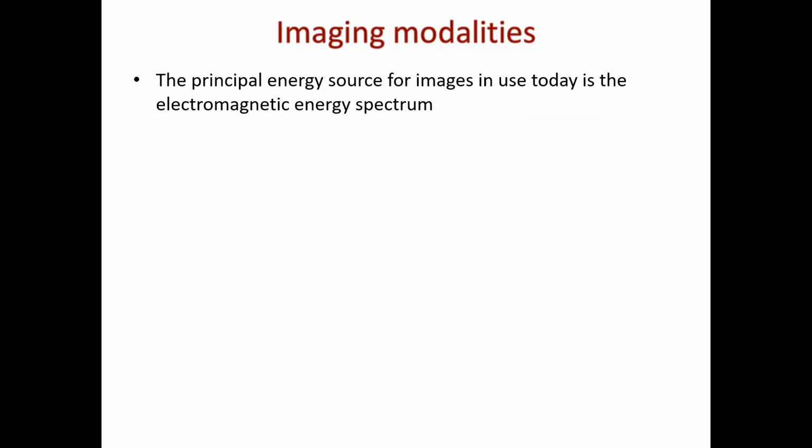Excellent. So the principal energy source that is used for any type of imaging really is the electromagnetic energy spectrum. We know that that spectrum is very wide, and goes over a number of orders of magnitude in wavelengths, for instance. That's often how it's depicted.